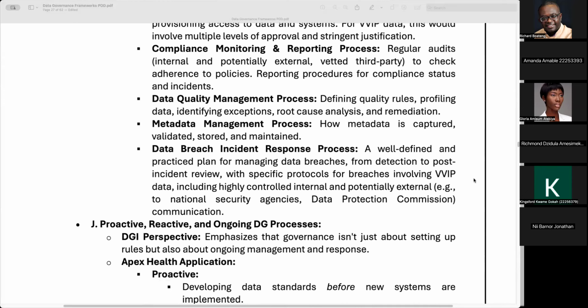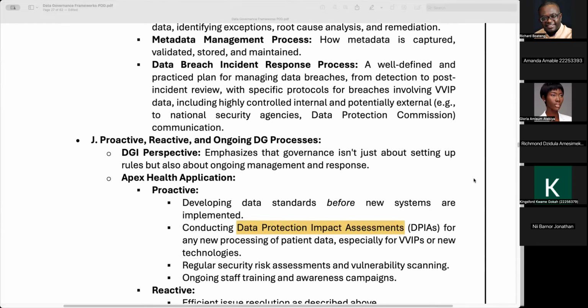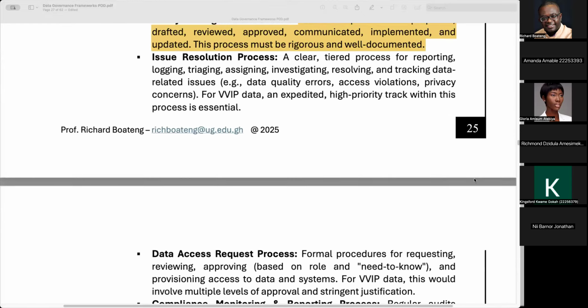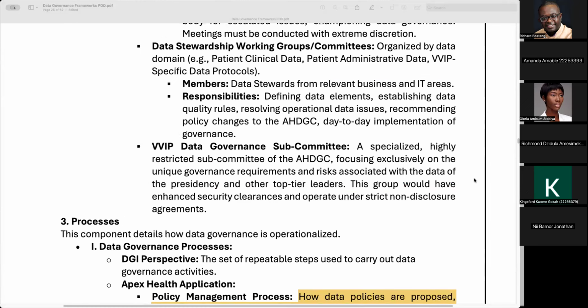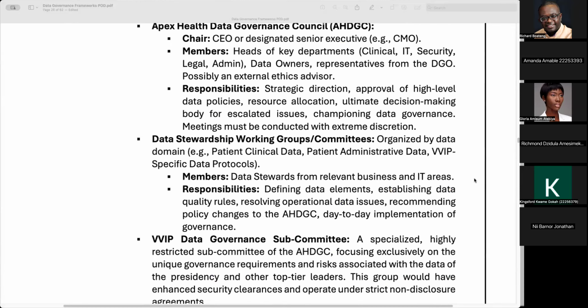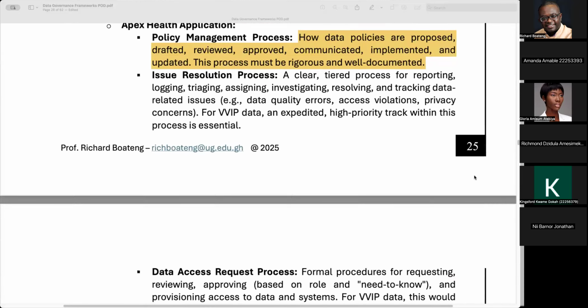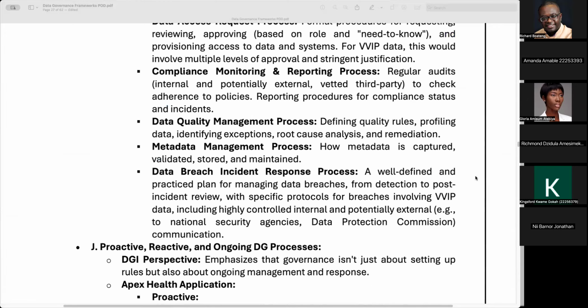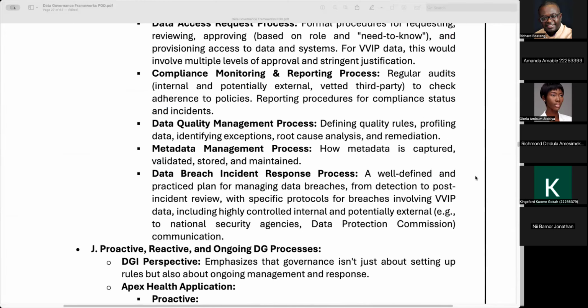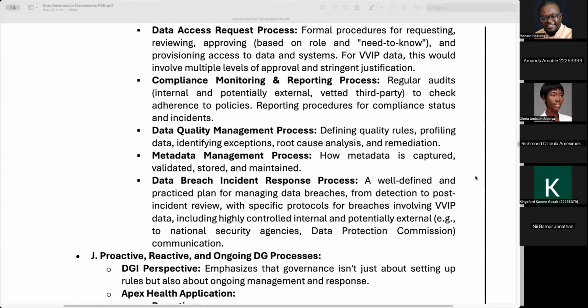Data quality management processes, defining how quality is measured, monitored, and how remediation efforts are prioritized and executed. Metadata management processes, ensuring the data catalog and business glossary are kept up to date. And, as mentioned before, a well-defined, regularly practiced data breach incident response process with specific pre-approved steps, roles, responsibilities, and carefully controlled communication protocols tailored for potential VVIP data breaches.